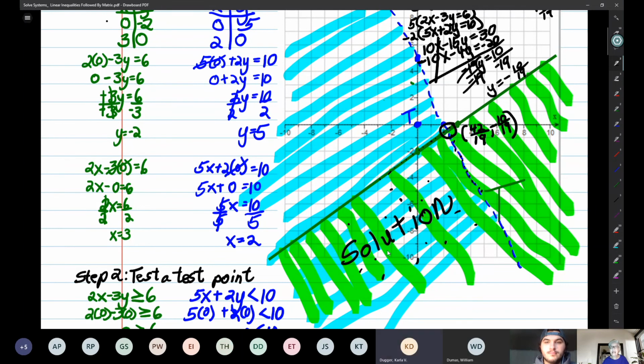Quick question. Is it safe to say that we can always use 0 as our test point? No, because occasionally you're actually going to have a line going through 0, 0. And how then do we determine what our test point is? It could be any point. It could be the point -6, 5.